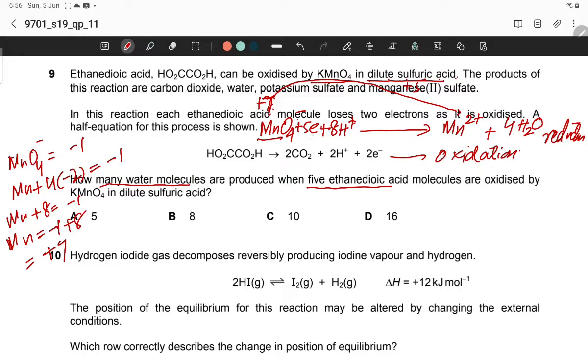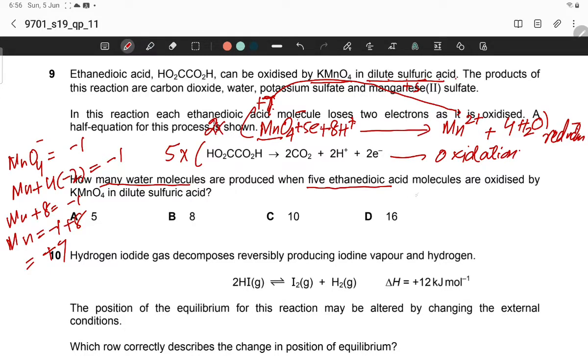This half equation has 5 electrons, and in the oxidation reaction there are 2 electrons. So multiply this equation by 2 and the oxidation equation by 5.